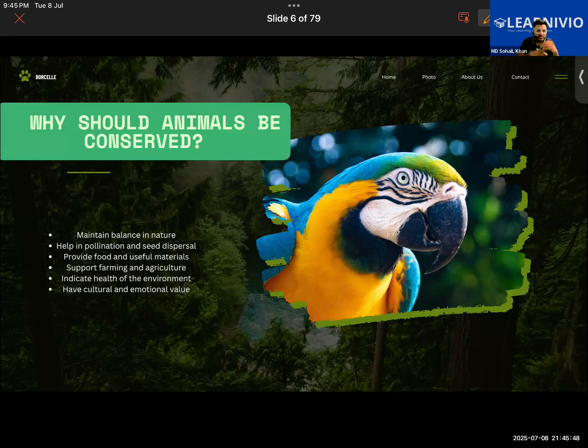No, the thing is that they indicate the health of the environment. It's not like they are cleaning it, although there are some animals, scavengers, that will clean the environment. The question here is how animals indicate the health of the environment. How can I try to help you understand this?